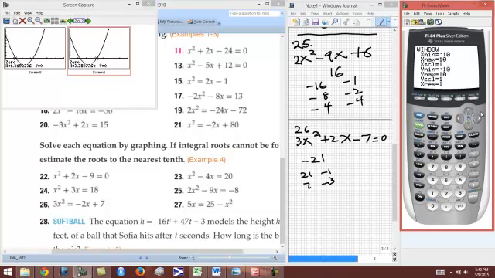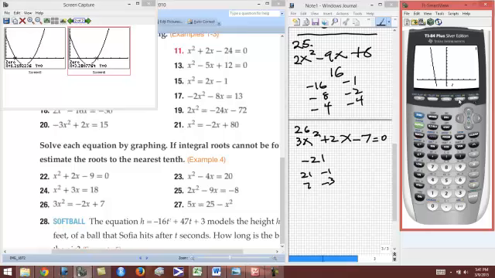So I'm going to go to Window. So I'm going to make this -5. And I'm going to make the max 5. And let's see what that does for us. And I hit Graph. Okay, now we've got some breathing space. And the other thing I'm going to do, I'm going to hit Window. I'm going to make the Y min bigger. I'm going to go -12. Give me some more space so I can see the numbers as I'm going through them.